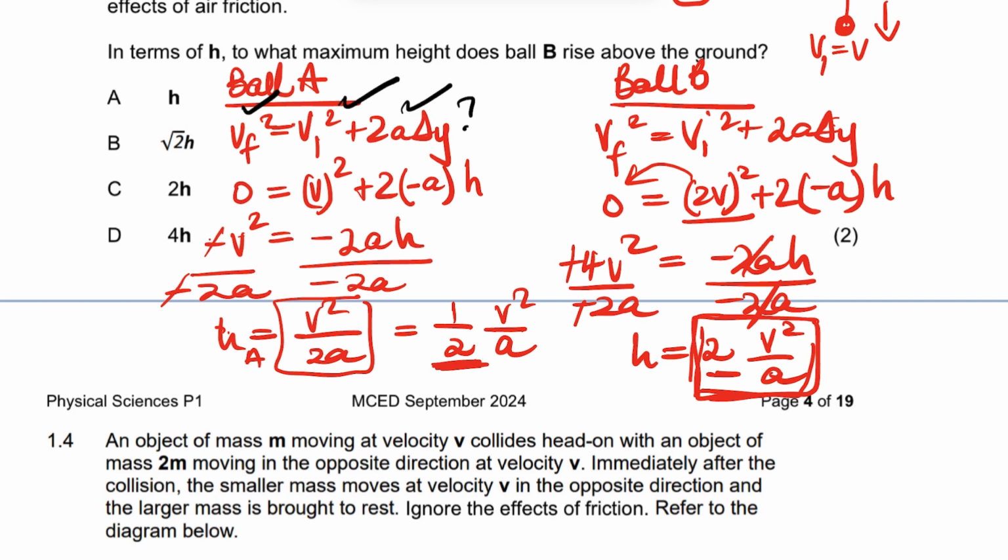That means the height of B is 4 times the height of A, because from half to 2 you move 4 times. So the height of B is 4 times bigger than the height of ball A. So the answer here won't be this, it won't be that, it won't be that, it will be D.